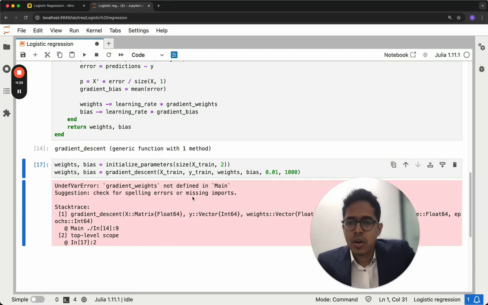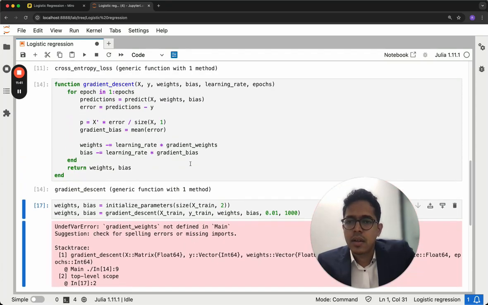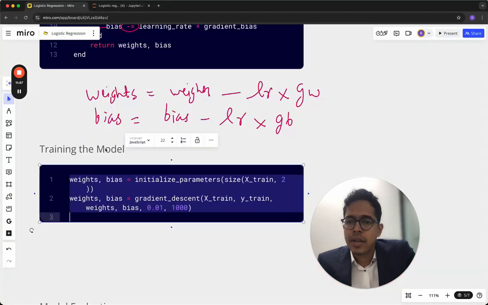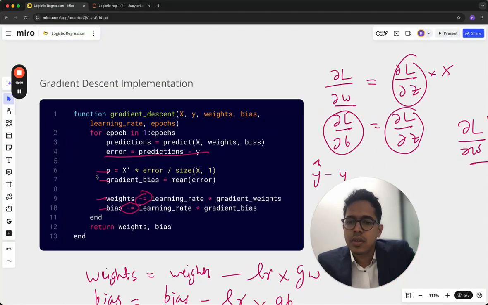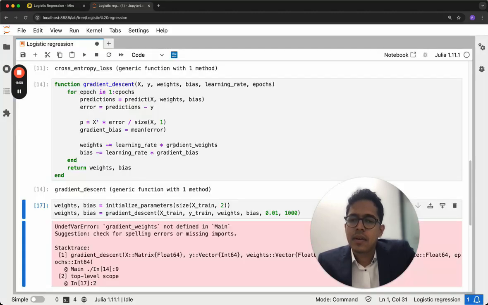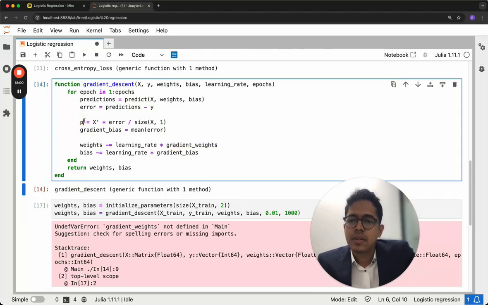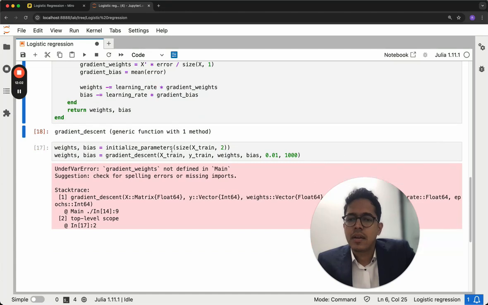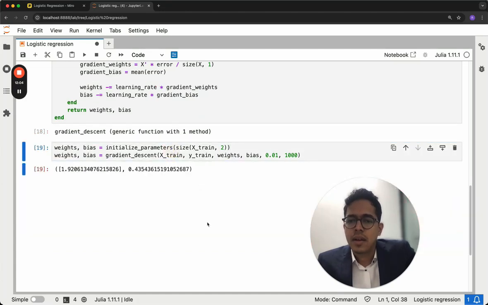Gradient weights not defined in main. Gradient weights is not defined because, maybe this is this guy. And okay, now it seems to be working.